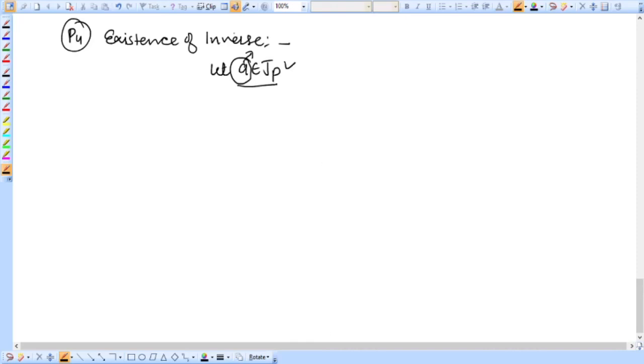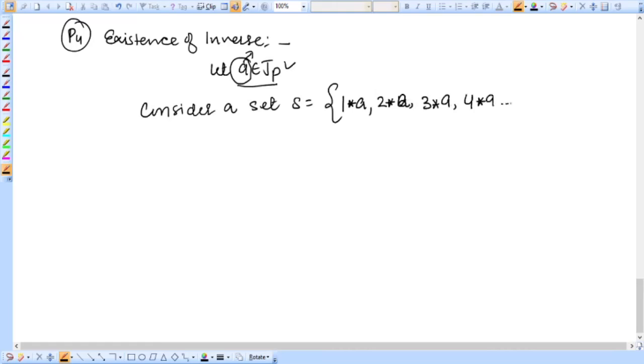Okay, so a has been taken from Jp arbitrarily. Now consider a set. Consider a set S equal to 1 star a, 2 star a, this a which we have taken earlier, 3 star a, 4 star a up to so on, p minus 1 star a.